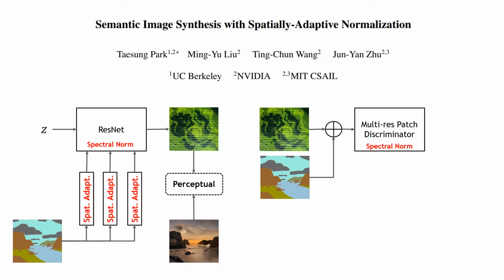Now let's talk about the paper semantic image synthesis with spatially adaptive normalization, the SPADE paper. So the SPADE paper makes a couple of improvements over the Pix2PixHD paper, the previous paper.